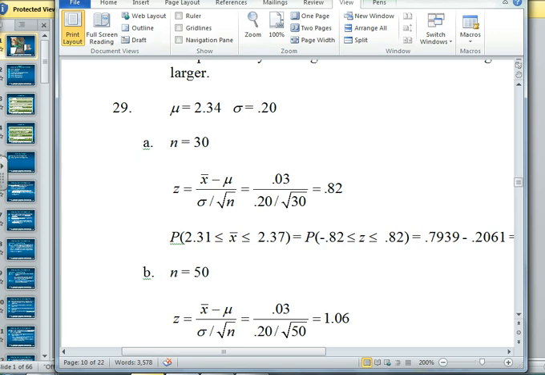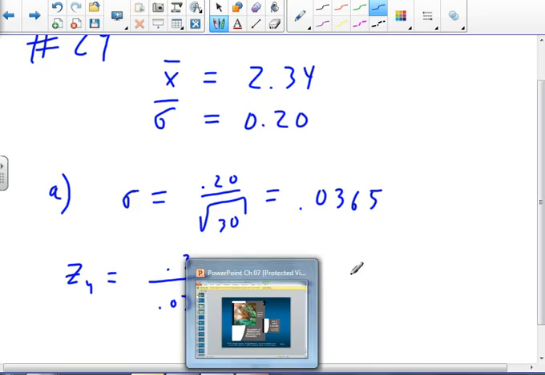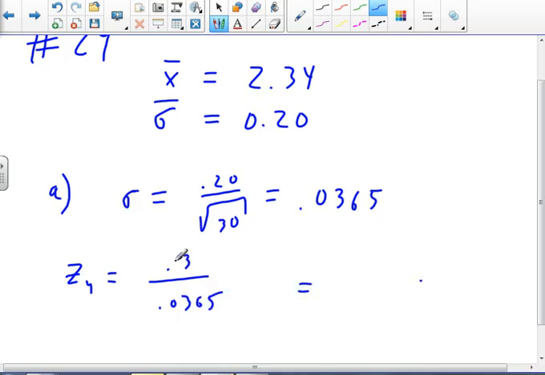Okay. Oh, there it is. It just takes me a minute. The problem is it's 0.03, not 0.3. It's 3 cents, not 30 cents. So 0.03 divided by 0.0365 is 0.8219.